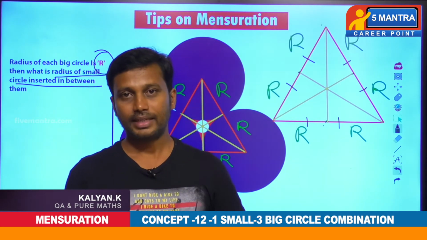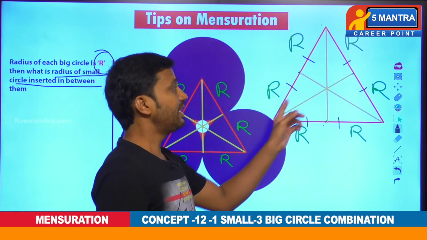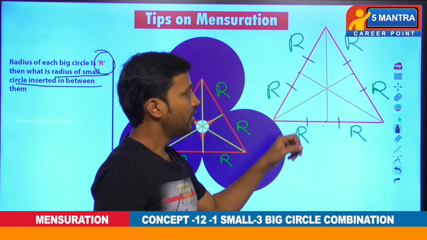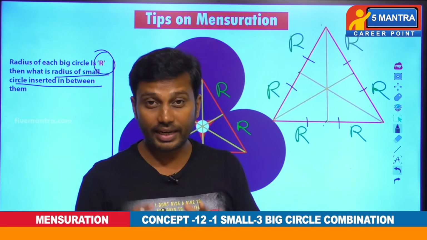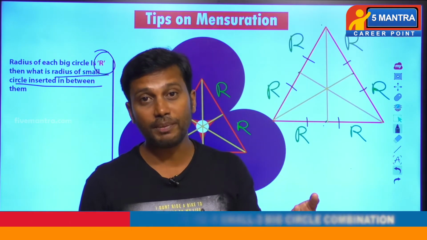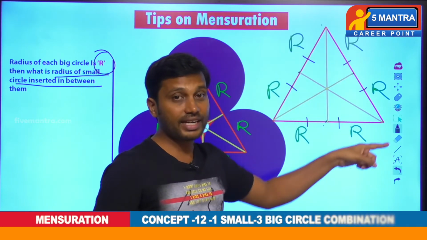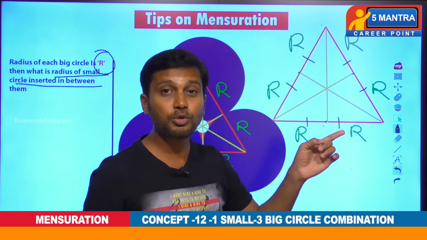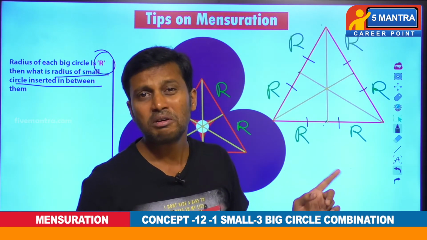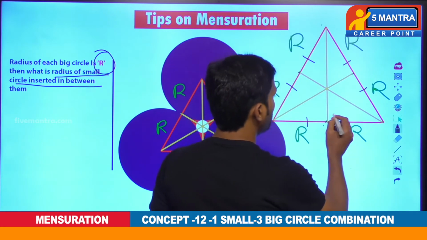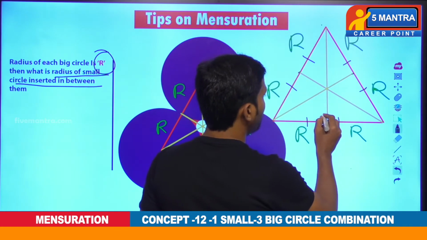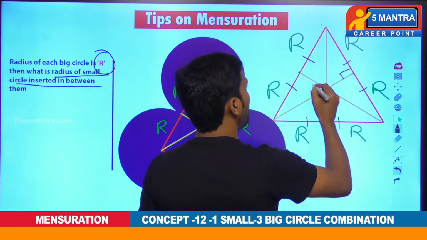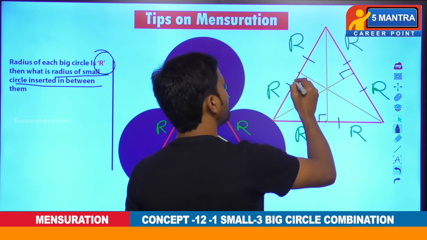The next thing: when these three are the three medians, in the case of an equilateral triangle, once again from the basics of geometry, the median is perpendicular to the side. Let us suppose this is perpendicular to this side, this is perpendicular to this side, and this is perpendicular to this side.